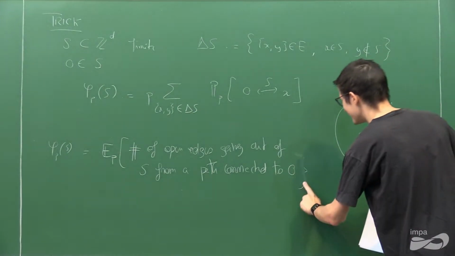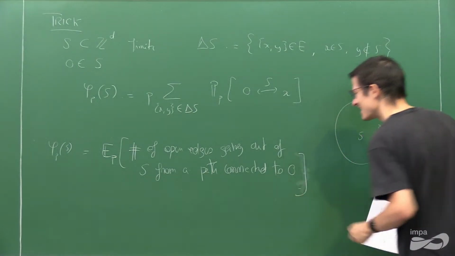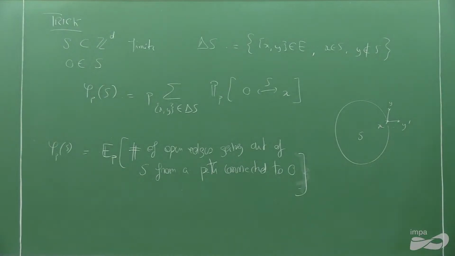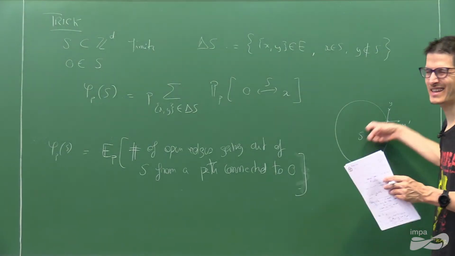So in a way it measures the expected number of ways you can get out of S, if you want.